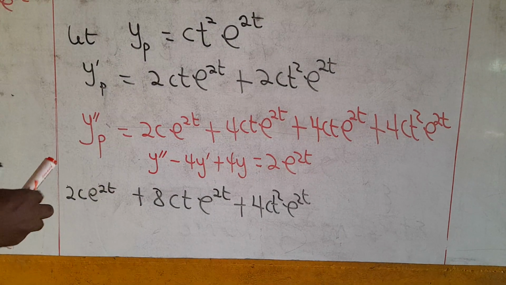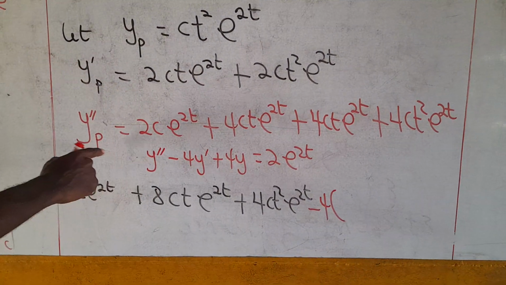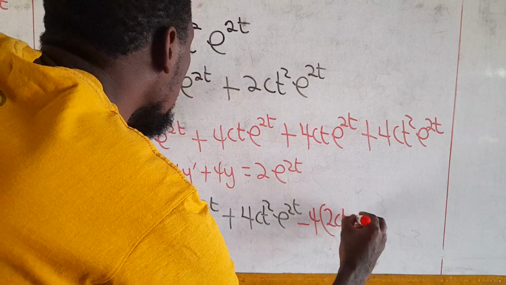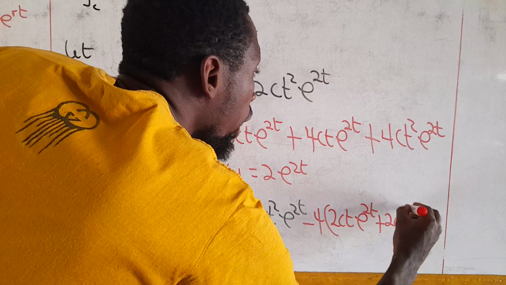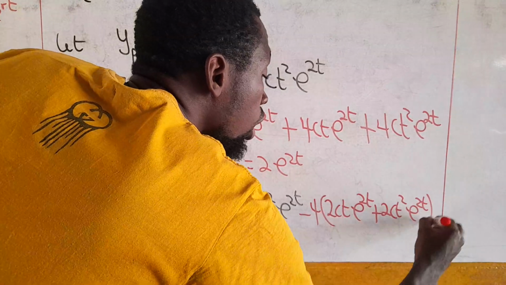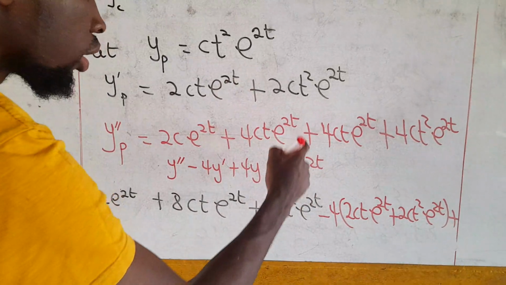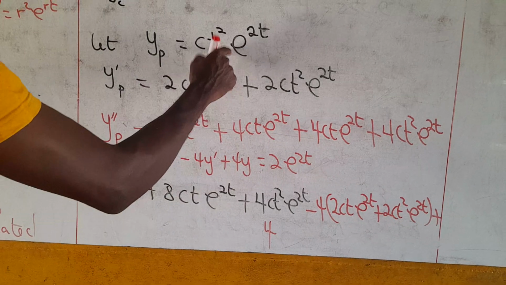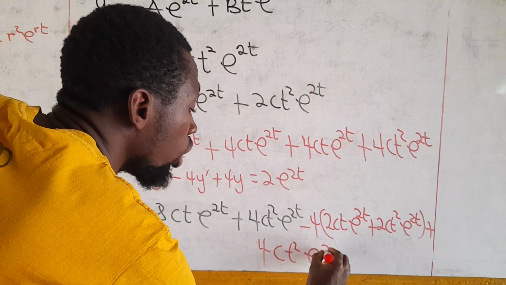That's for the y double prime. Then minus 4 bracket. Our y prime is this. That's 2ct e exponent 2t plus 2ct squared e exponent 2t. Then plus 4y. And what's our y? It is ct squared e exponent 2t.